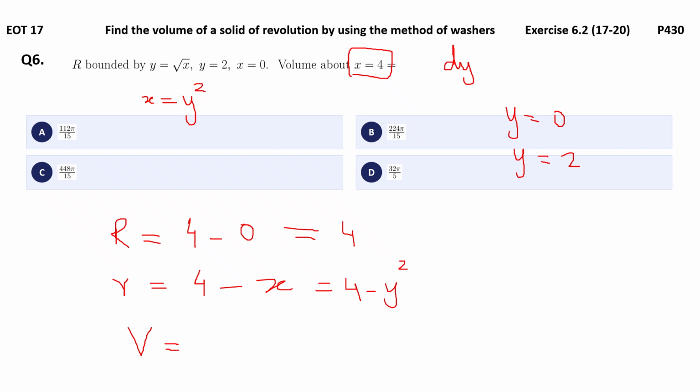While finding the volume, don't forget to multiply by pi. Integral range from 0 to 2, outer radius squared, which is 4 squared, minus 4 minus y squared the whole square, dy, and you get your value as 224 pi by 15.